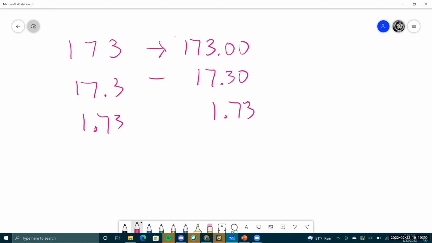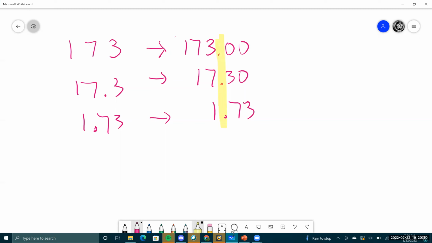So does everyone agree that the values on the left and the values on the right are the same value? They look like different representations, but they're the same value, right? 17.3 is the same as 17.30. 173 is the same as 173.00. Everyone agree? So what you're doing here is aligning it just so that the decimal point is right there, okay?